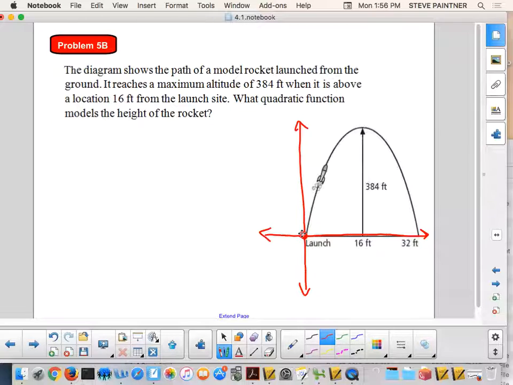Go. There are 3 numbers you've got to find: A, H, K. Two of them should be fairly easy.